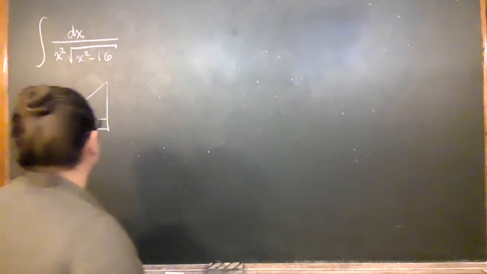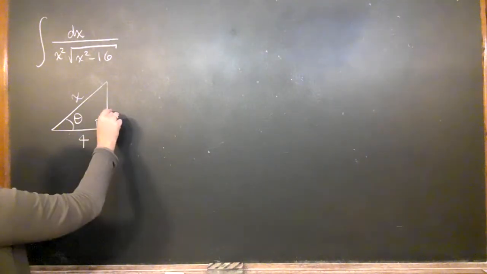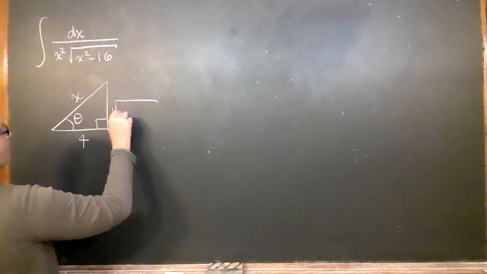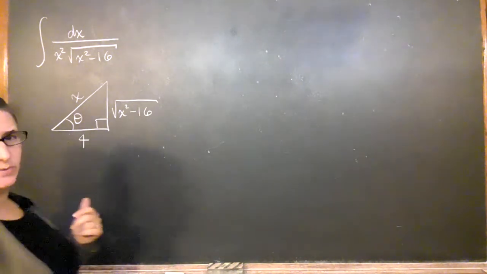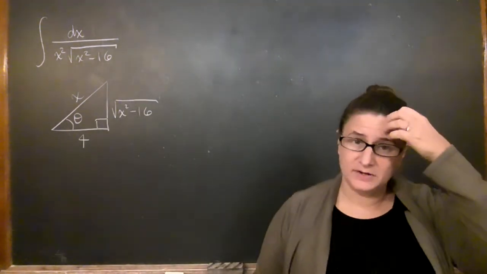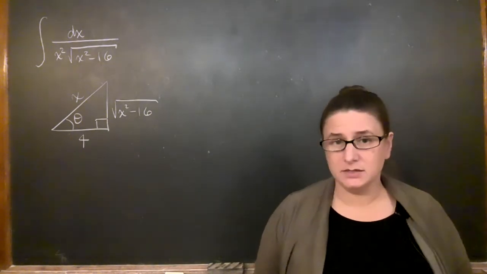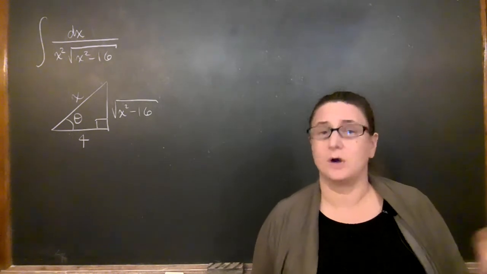Now what about the other two legs? Well, one of them is going to be 4, and one of them is going to be the square root. Now, which one is which? Actually, it doesn't really matter. The difference if you switch around the two legs is just going to be, instead of the function, you might have the cofunction.